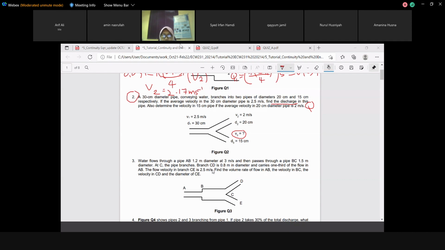Senang je ni. Saya dapat 0.57. Boleh share jawapan tak?